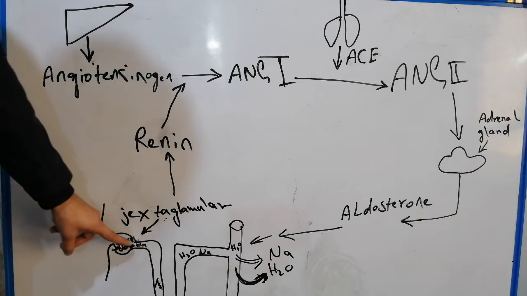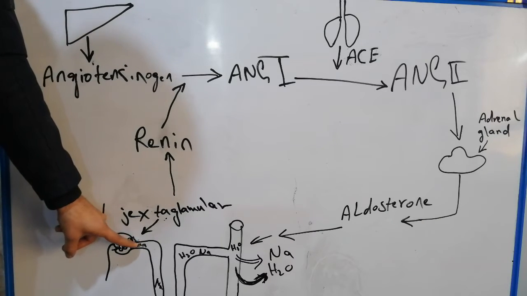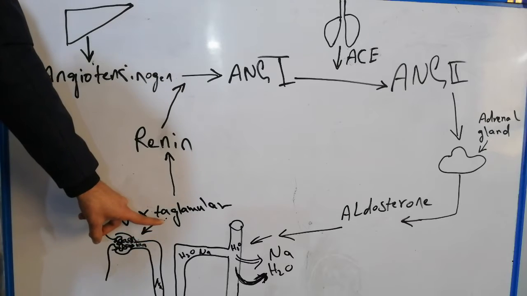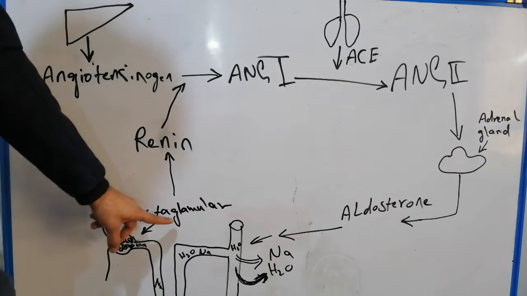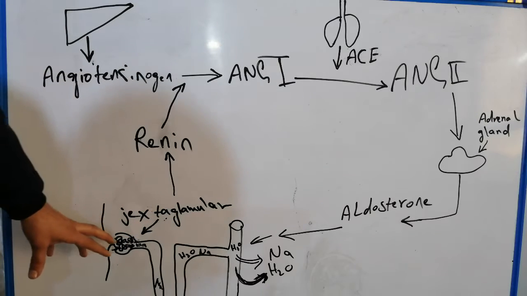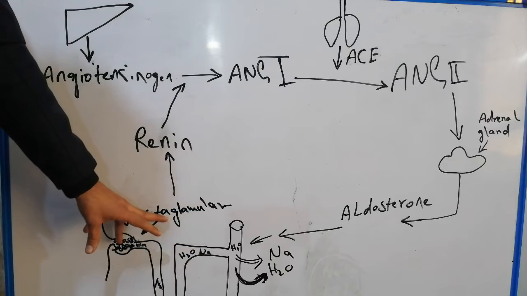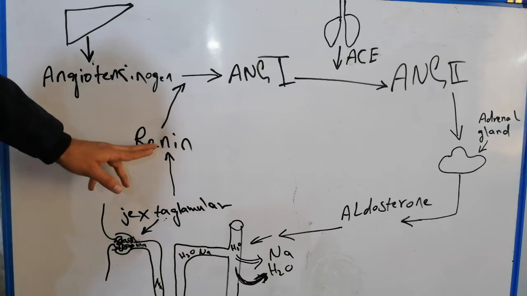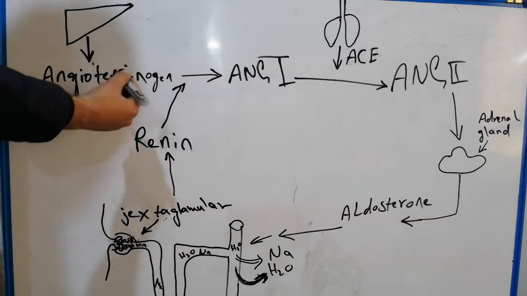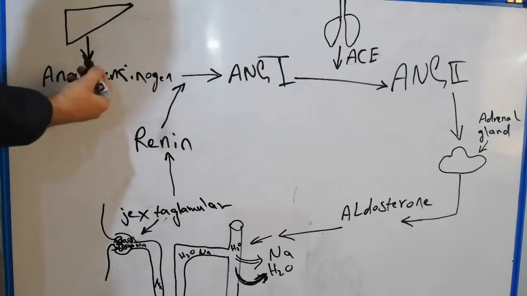When too much sodium is filtered from the glomerulus, sodium will stimulate the cells located in the glomerulus called juxtaglomerular cells. The juxtaglomerular cells will produce renin. Renin will convert angiotensinogen to angiotensin 1.